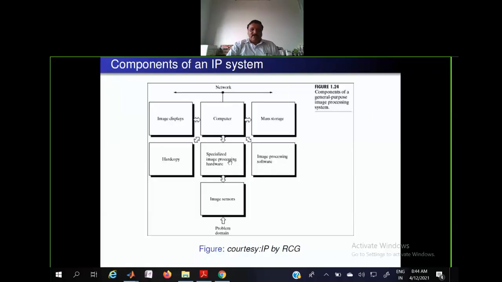It is all depending on your requirement. Then of course, the storage is also important. So you need to have the storage capability of the hardware that is used. So these are the various components of a general purpose image processing system, and some of them could be very important.